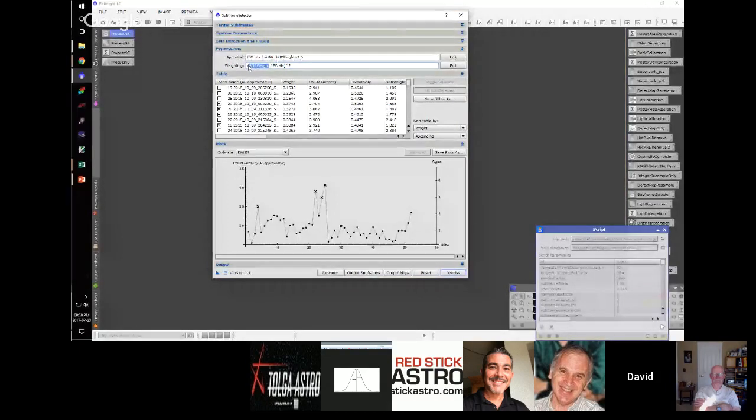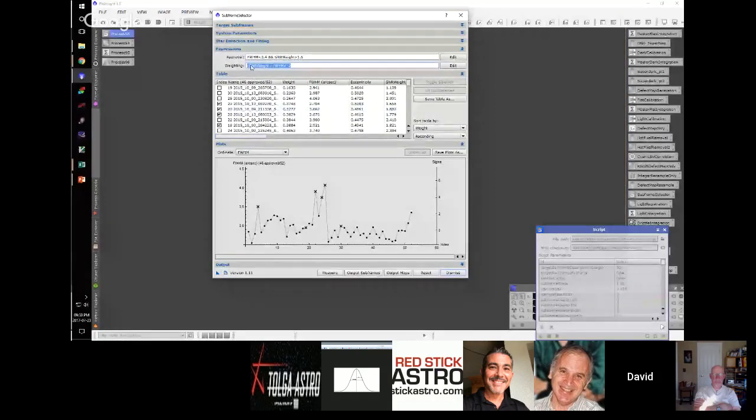Since this is better the higher the number, I want it proportional to the weighting. And because this is better the lower the number, I want it inversely proportional to the weighting, which is why it's on the divisor, right?